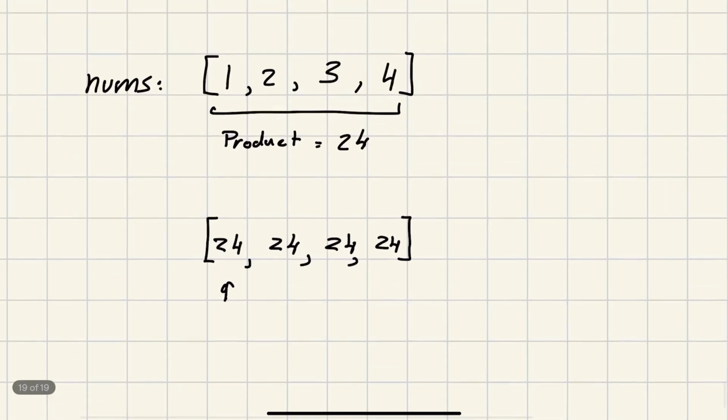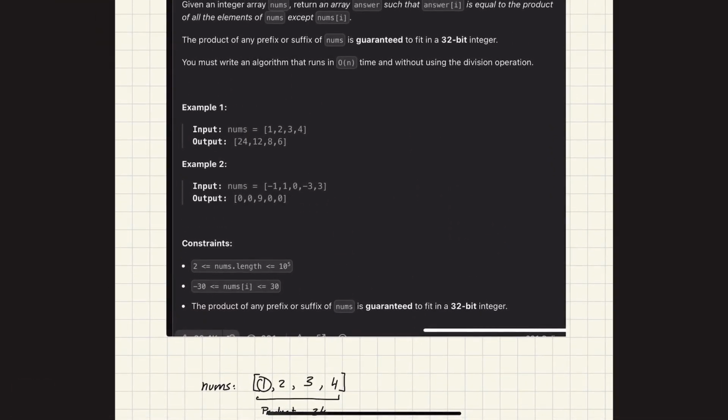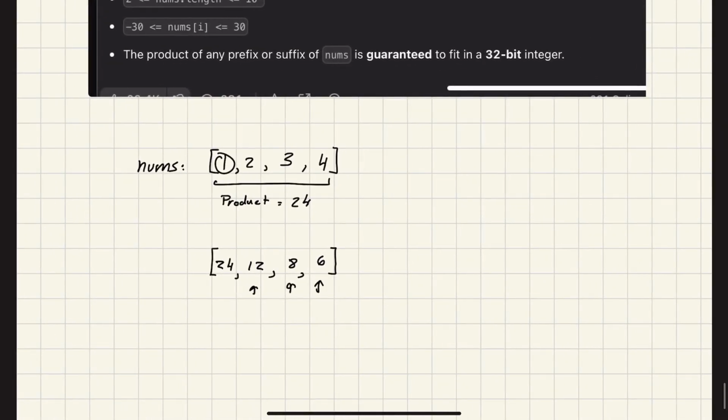We would divide by whatever the corresponding number is. Well, 24 divided by 1 is 24. 24 divided by 2 is 12. 24 divided by 3 is 8. 24 divided by 4 is 6. And that would make this problem very easy. But it is a constraint that we're not allowed to use any division whatsoever.